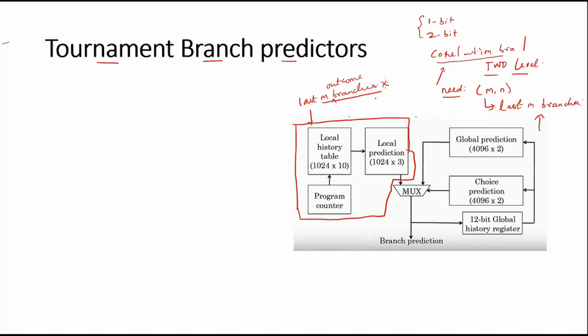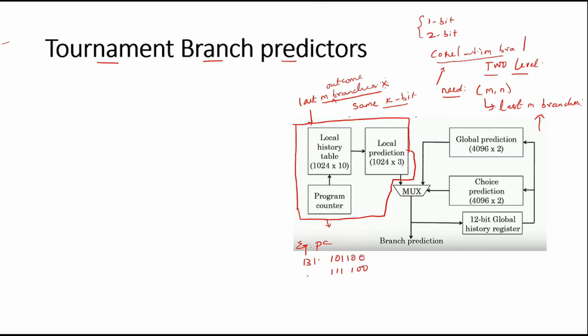But the restriction here is the last m branches. Which m branches it is going to maintain is the question. The answer we gave was: whichever branches have the same k bits. You may remember that day. For example, the program counter may take a value like 11100.